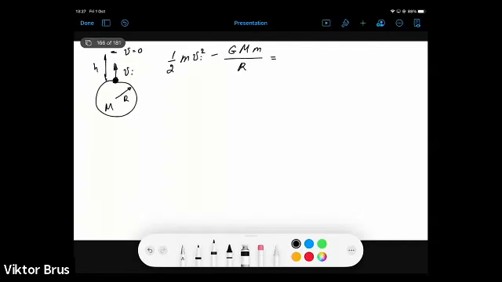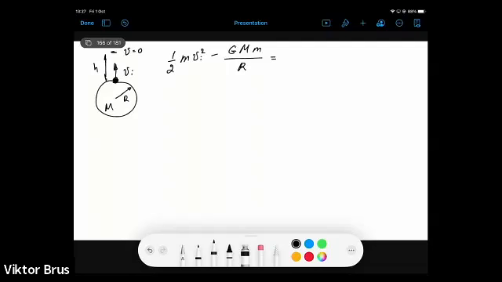So it will give all kinetic energy to overcome this gravitational force, which attracts the projectile back to the surface of the planet, and at some height it will reach 0 velocity. So let's consider this case, and in that case we will not have any kinetic energy because velocity is equal to 0, but there will be some potential energy.